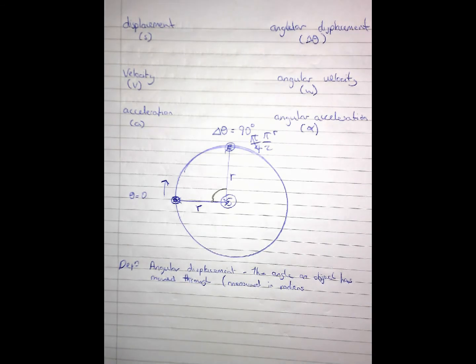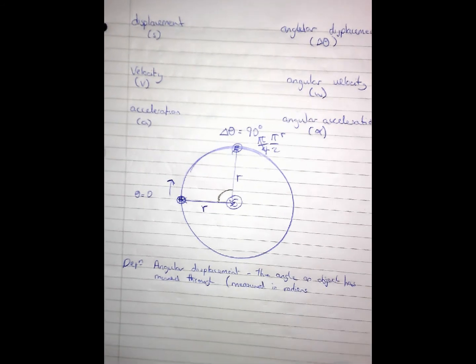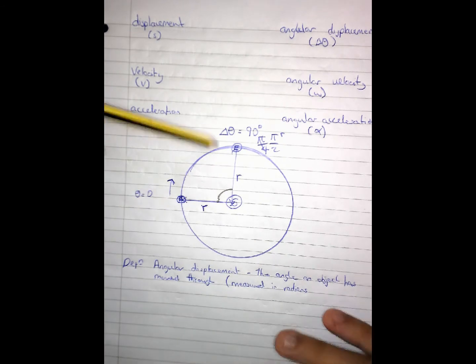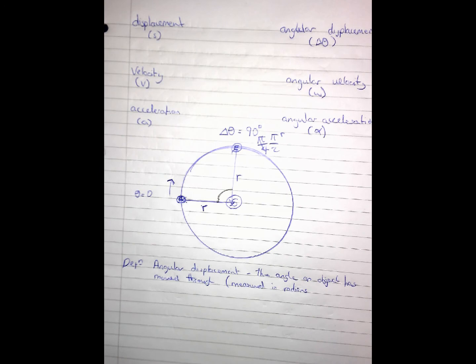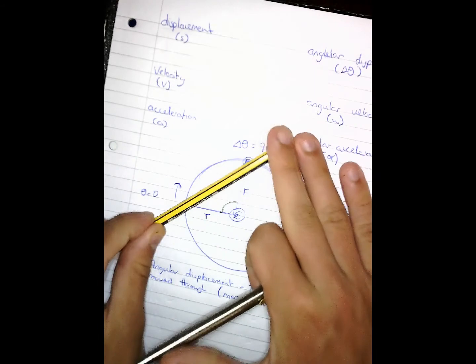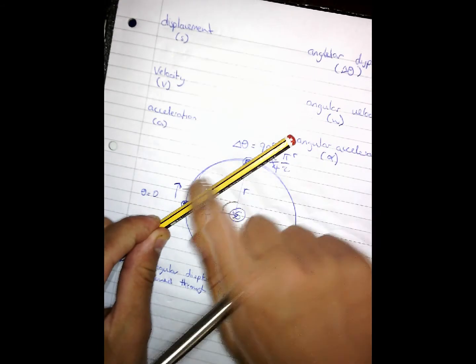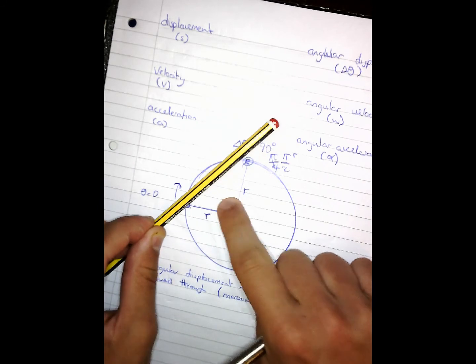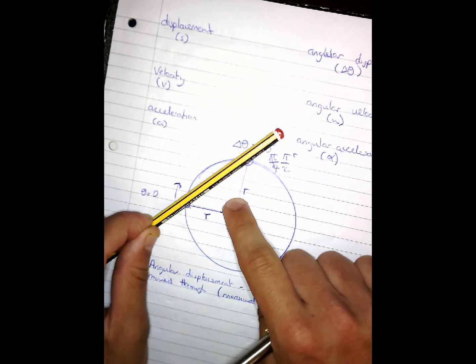Already, you can see the similarity between angular displacement and displacement, because instead of talking about a distance moved through, we're talking about an angle moved through. But we can also see that it's clearly not the same thing. So in this case, if we were to talk about the displacement of the Earth at that point, we'd actually be talking about this line there, going from there to that, which is absolutely not the same thing as the angle through which it's turned through.